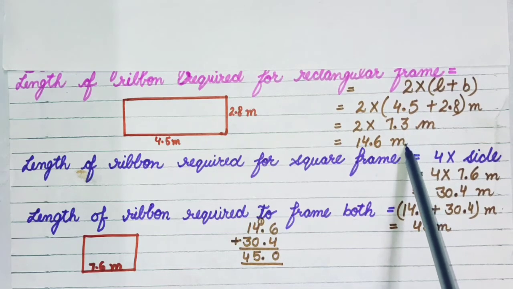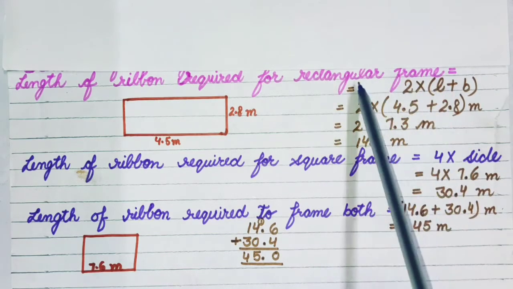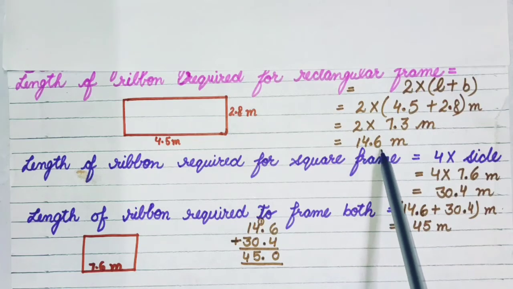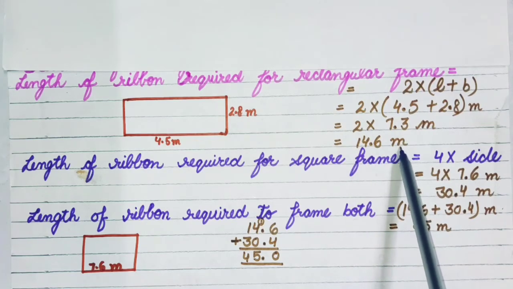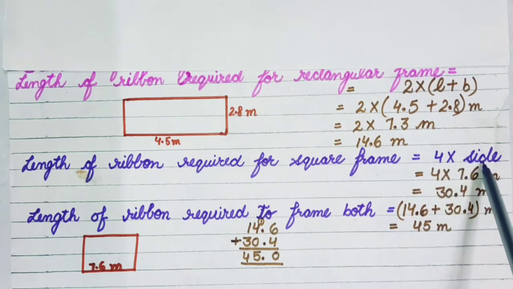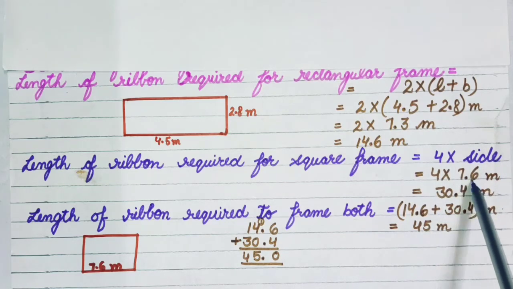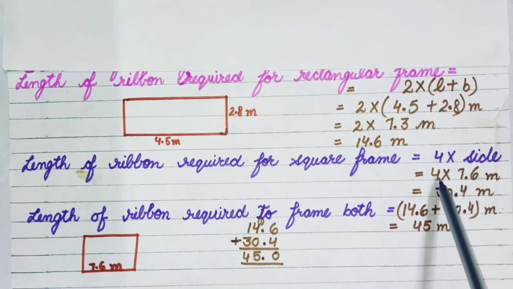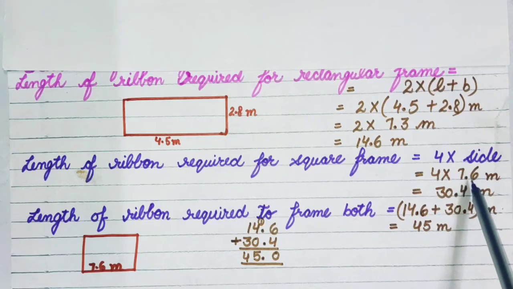It means the total length of ribbon required for the rectangular frame is 14.6 meter. Now we will find out the perimeter of the square. The perimeter of a square formula is 4 multiply side, and the side value is given in the question, that is 7.6 meter. Now we have to multiply this 7.6 with 4. I told you, while doing multiplication in decimal numbers, forget the decimal.